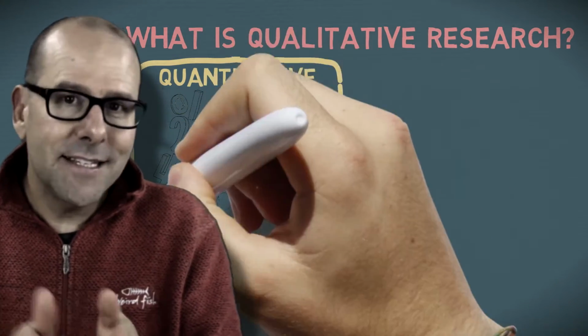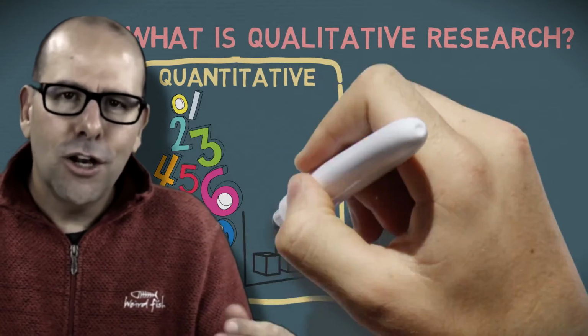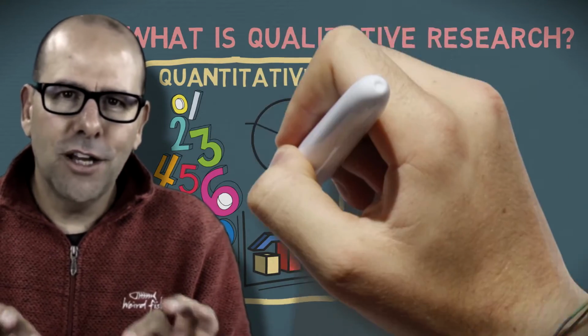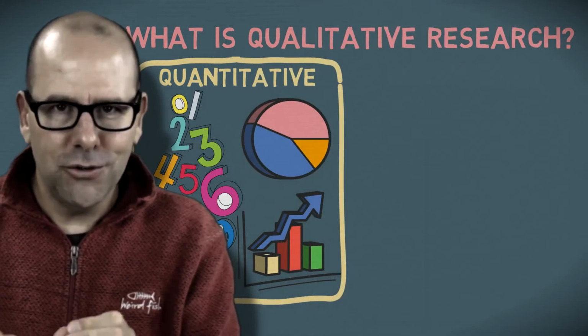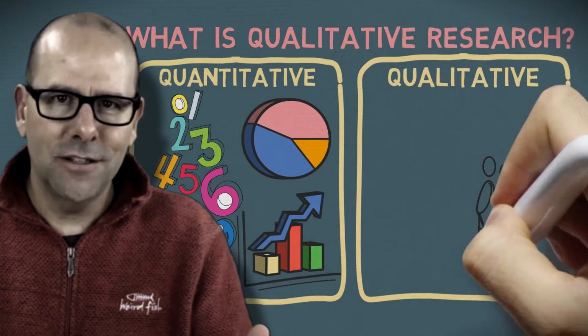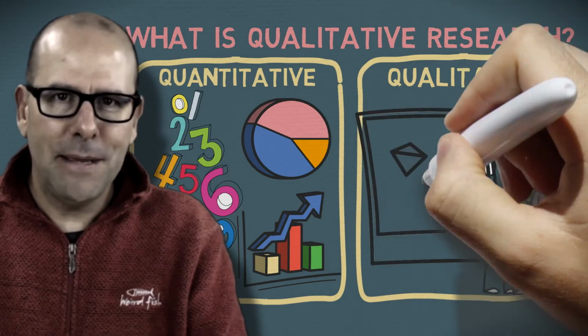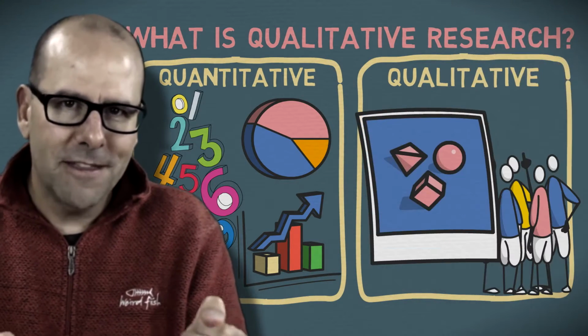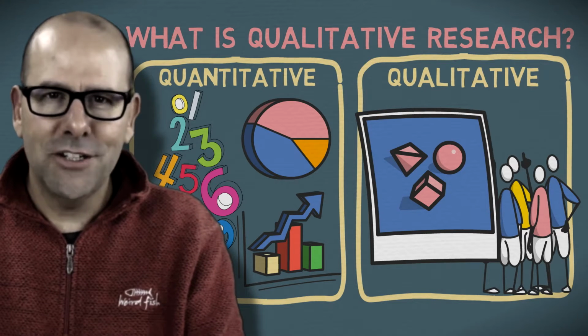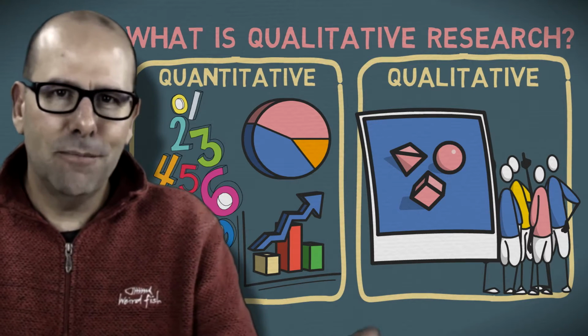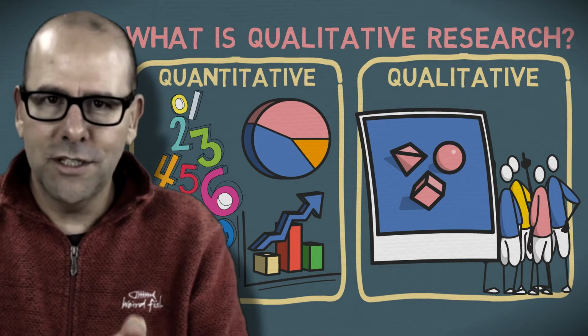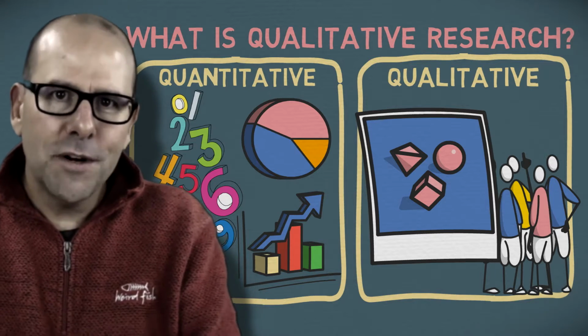Qualitative research, as distinct from quantitative research, looks for meaning in the world around us using non-numeric data. In other words, it's not using numbers, it's using other kinds of data, like speaking to people, getting people's opinions, getting to know what people think, for example. Okay, let me illustrate that. If I were to count up the number of patients that I have in one of the wards in a hospital, that number would be quantitative research.